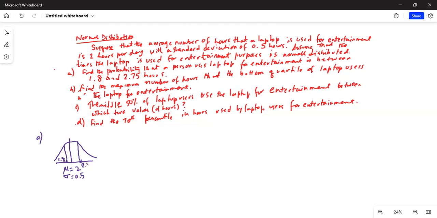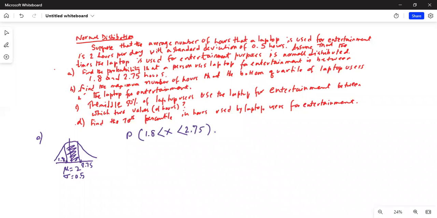So this is 2.75, whereas this one is 1.8. And we want to find this area. So find the probability that the random variable x, which is the number of hours laptop users use the laptop for entertainment purposes, is between 1.8 and 2.75. Okay.